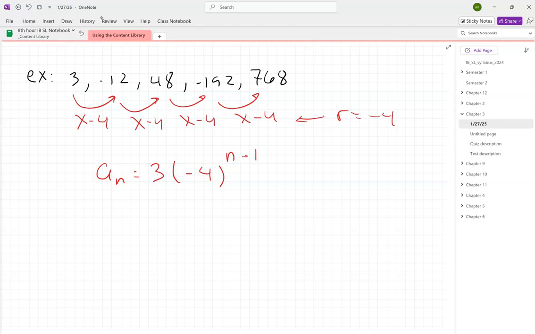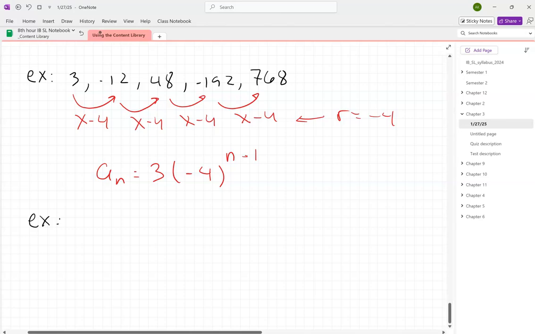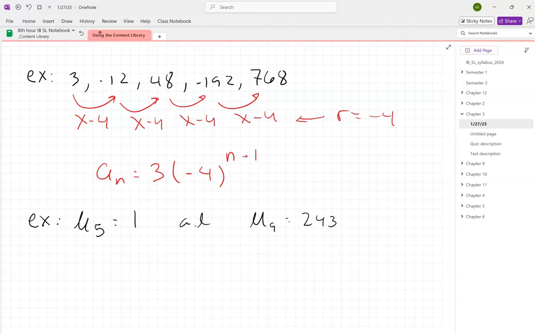Let's suppose that we do the hardest version of this kind of situation, where I have that the 5th term is 1 and the 9th term is 243. Oh boy, that's maybe not the greatest idea.